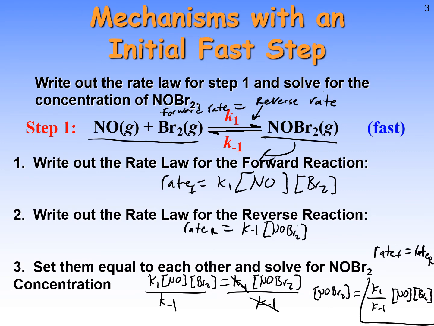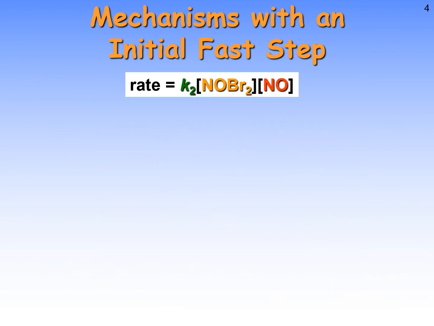This whole thing here, I can plug back into my rate-limiting step reaction's rate law in place of this. And that will allow me to rearrange and get rid of my reaction intermediate from my initial first rate law that I came up with for this problem. So let's do that.